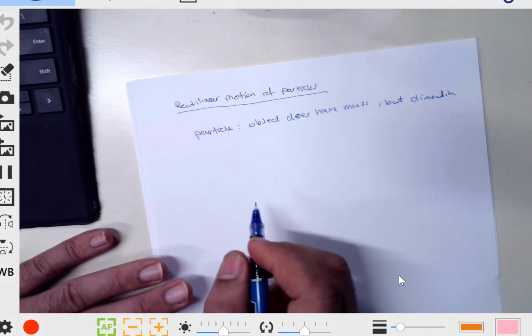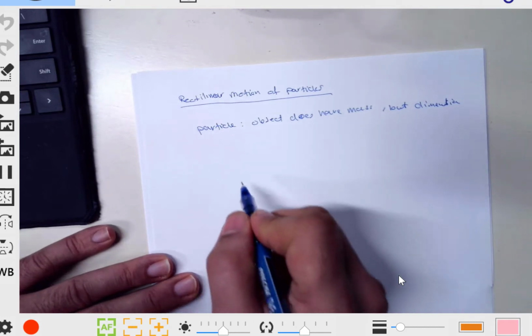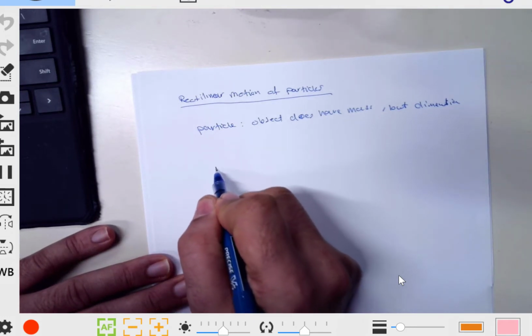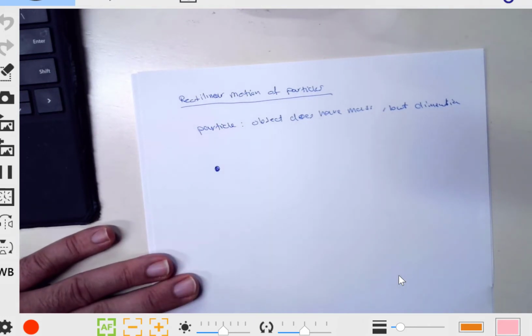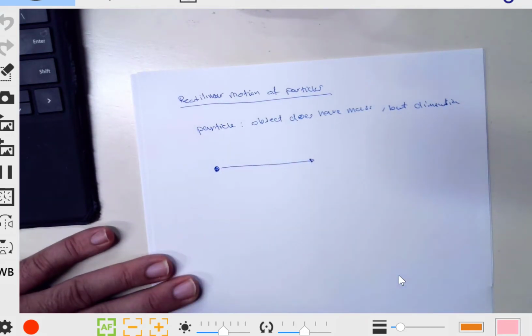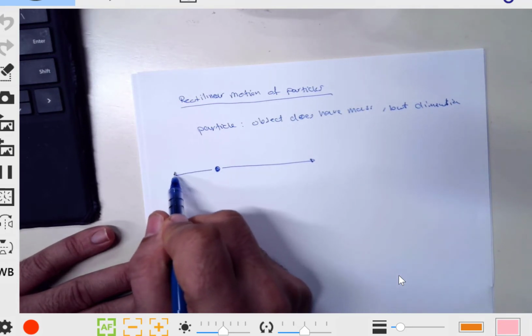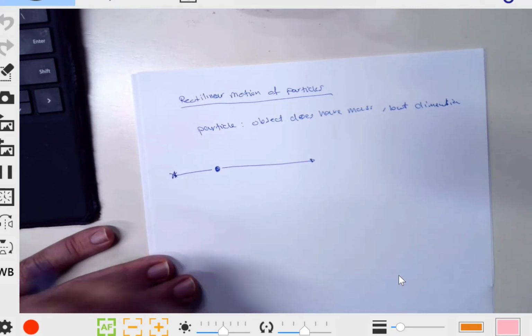So to begin with, rectilinear motion means an object that moves in a straight line. If we imagine a particle moving in a straight line, definitely we need to think about a reference point that defines the location, or that can define how far this object is from that location. So we always consider a reference point.